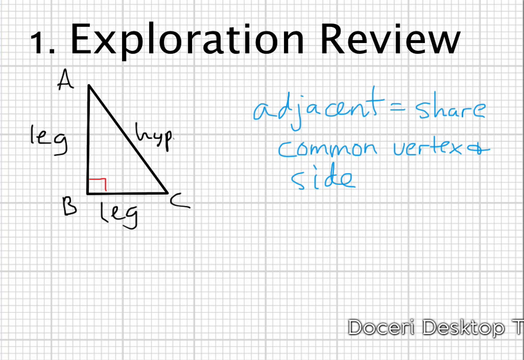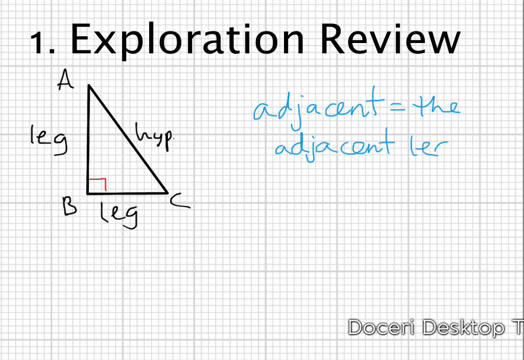When we're talking about just the side lengths, this is just talking about one of the legs. So we modify this definition here to be the adjacent leg. So when I say adjacent in this video, I'm saying the adjacent leg.